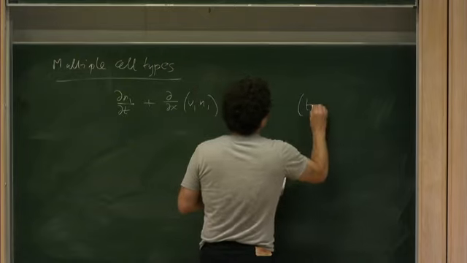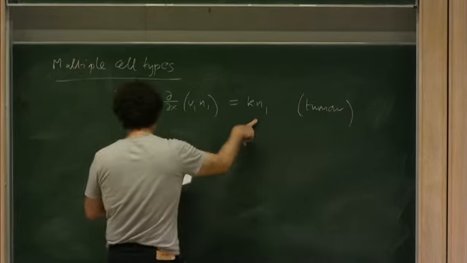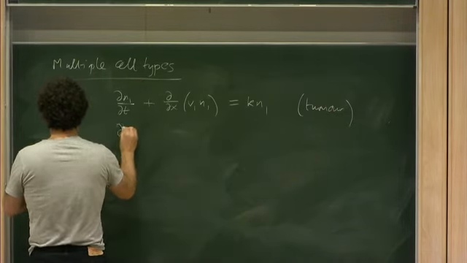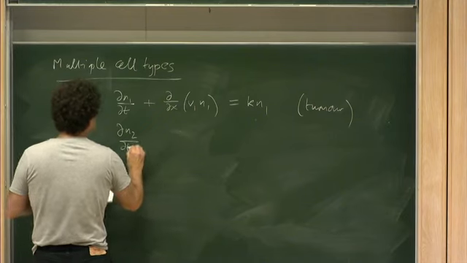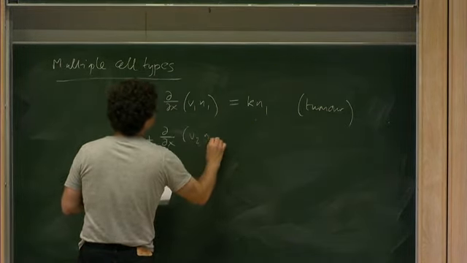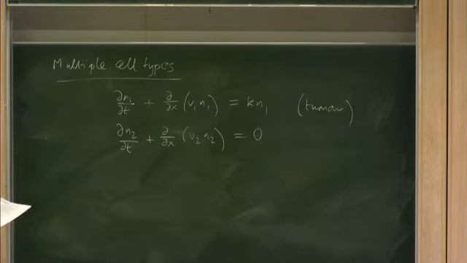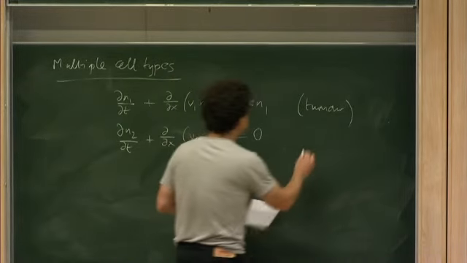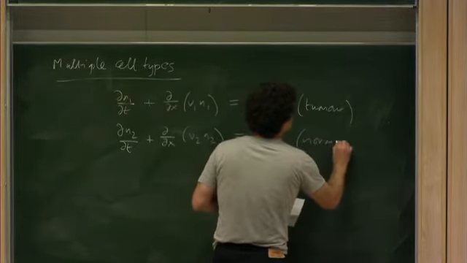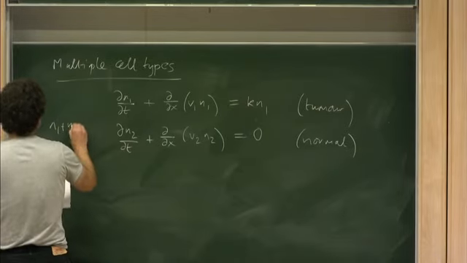Again, I appear in my notes at least to have explicitly labelled them. So that's going to be the tumour cells which are dividing. Here's the normal cells which are not dividing. So if you were doing differentiation, you'd have a transfer term between the two. Here I'm going to take the second one to have 0 in it, but they can change the mathematical structure. So that would be normal. Again, we need N1 plus N2 to be 1.